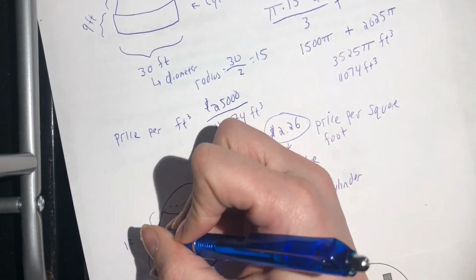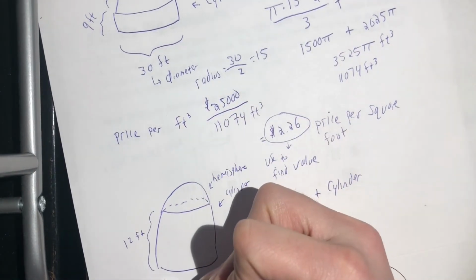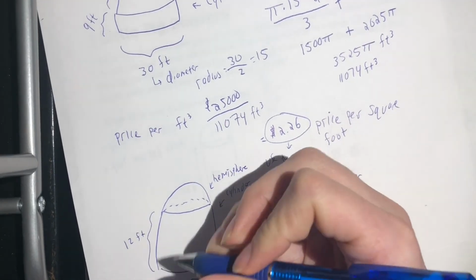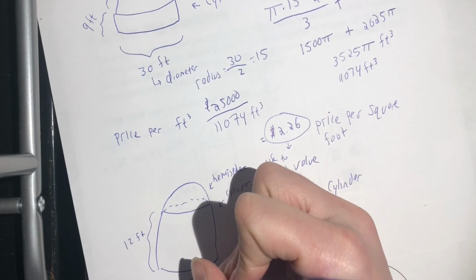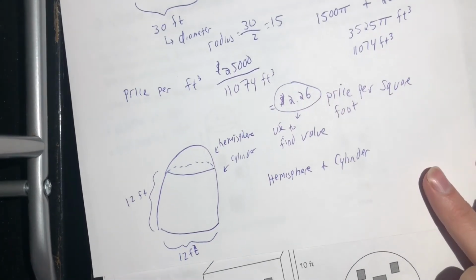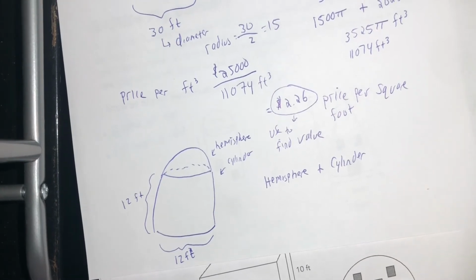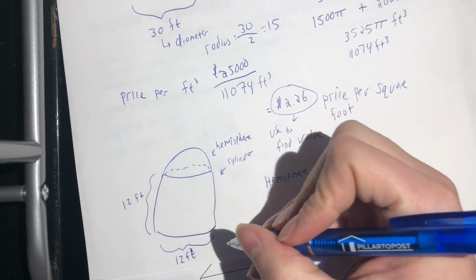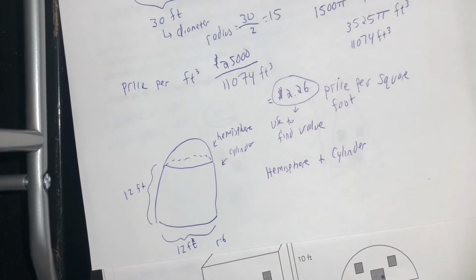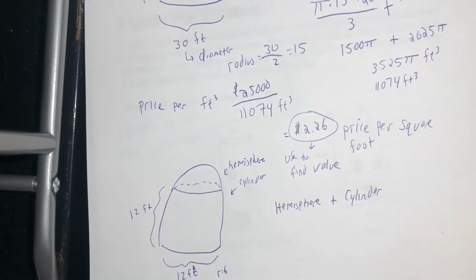I'll just say this is 12 feet, and I'll just say that my diameter is also 12 feet. SpongeBob lives in a very cube-like pineapple. Okay, 12 feet tall, 12 feet in diameter. So that means my radius is actually 6, because remember, in realistic situations, no one really talks about radius, because why would they?